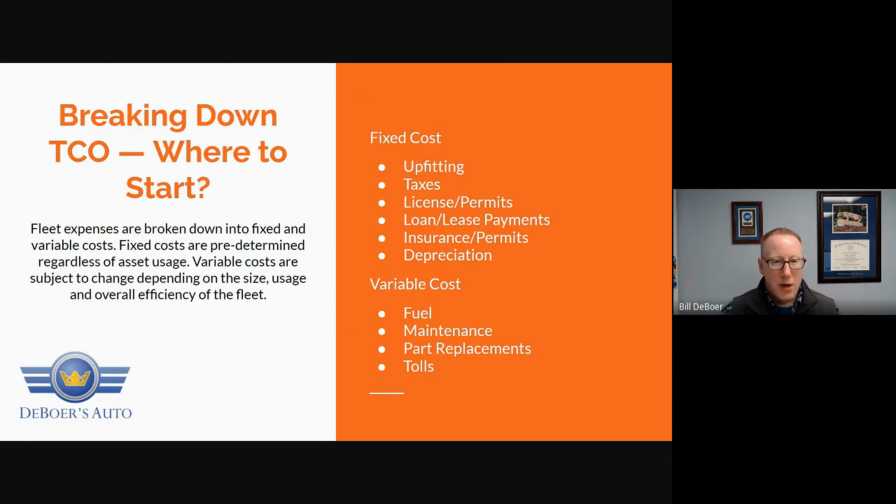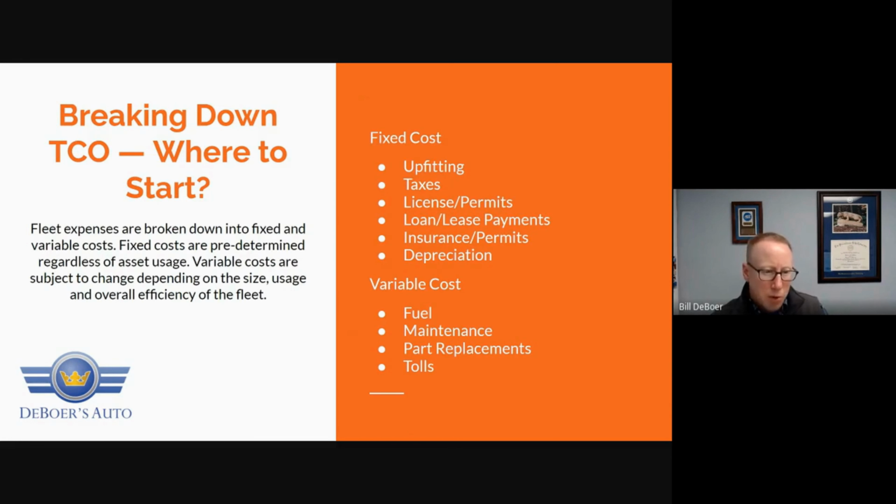Examples of fixed costs would be the purchase of the vehicle, upfitting that vehicle, any sales tax you may have paid on the vehicle, license permits, lease and loan payments, the interest charges on those payments, depreciation, and then obviously insurance. If you need permits to operate your vehicle, those are all considered fixed costs in operating the vehicle.